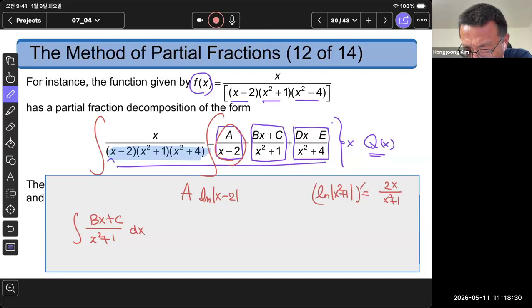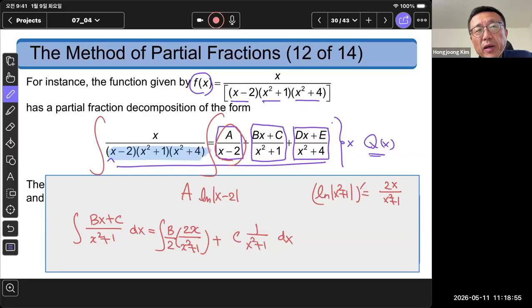So then probably I can rewrite this as 2x over x squared plus 1 times b over 2, which will give you the first term, bx over x squared plus 1, plus c times 1 over x squared plus 1 dx.